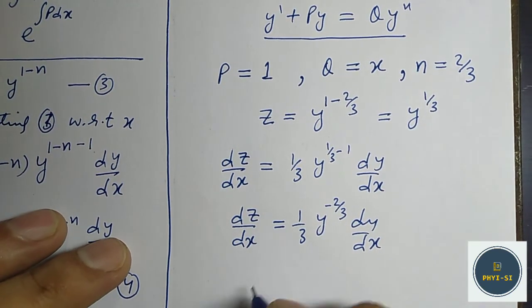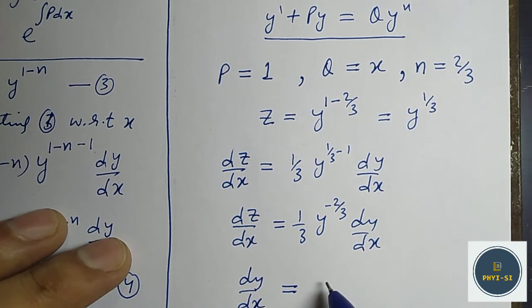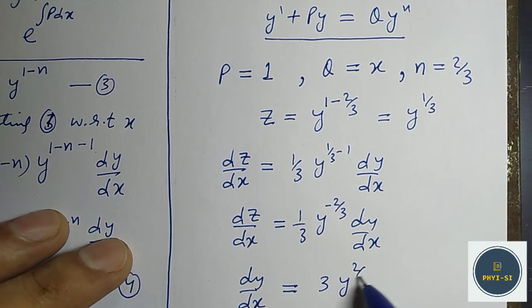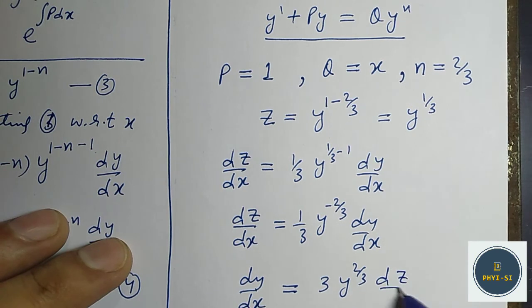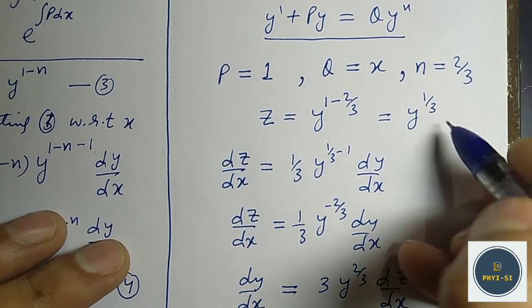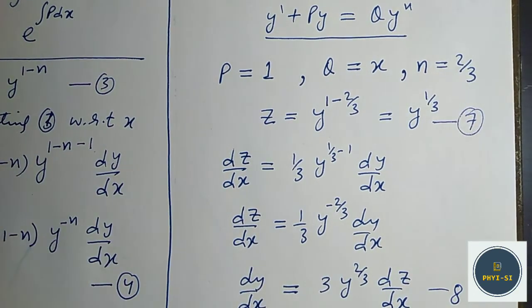So dy by dx is equal to 3 y raised to power 2 by 3 times dz by dx. Let's name it equation number 7, and this is 8.